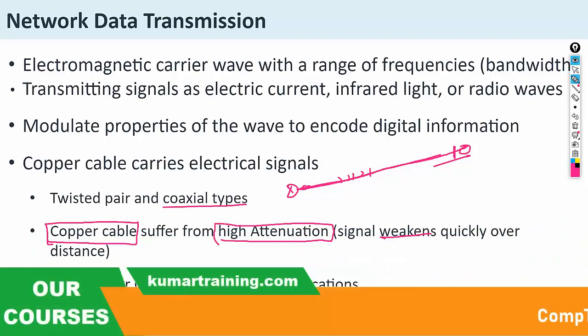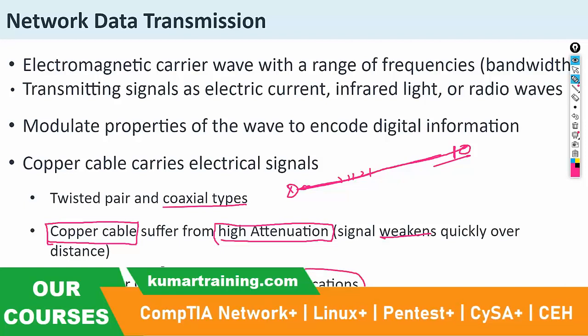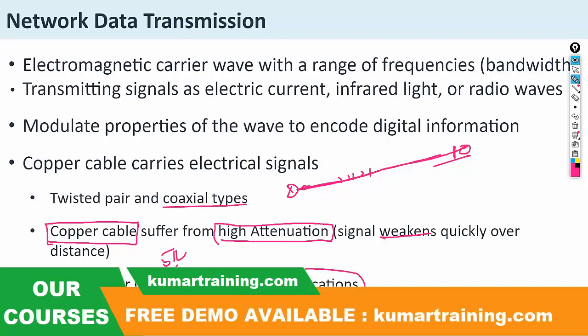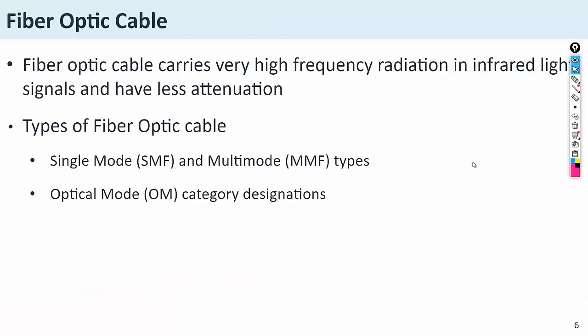Twisted pair has different types of standards and specifications. Standards means Cat5, Cat5e, Cat6, Cat6e, Cat7, all the twisted pair cable standards. The second one is fiber optical cable.